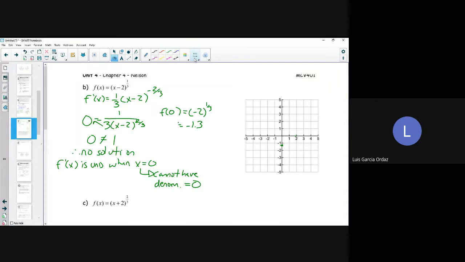So which means there's probably going to be a hole or an asymptote there, depending on the graph. When x is equal to 2, Mohammed, is when my graph is undefined.